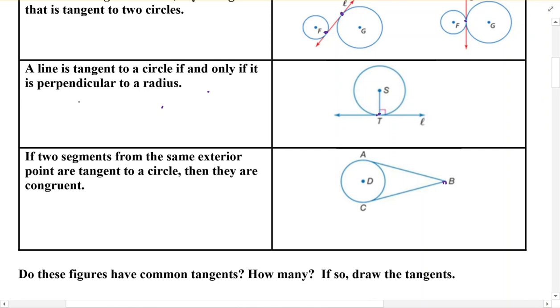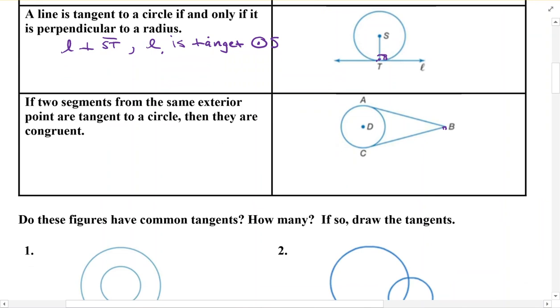So in this picture, line L is perpendicular to ST, so therefore L is tangent to circle S. The other way around, if we know that ST and line L is tangent to circle S, then we know this angle has to be a right angle.